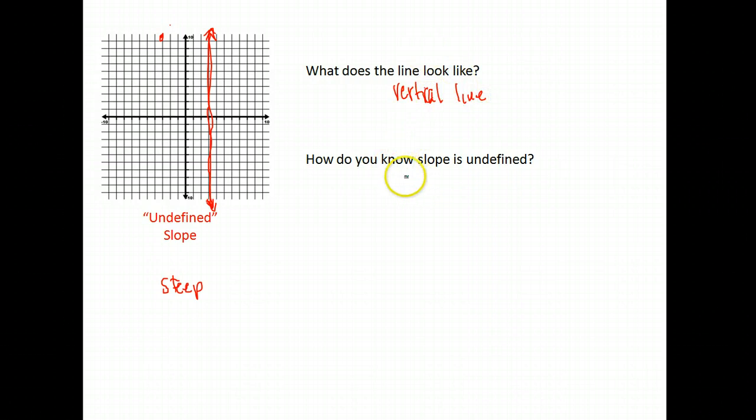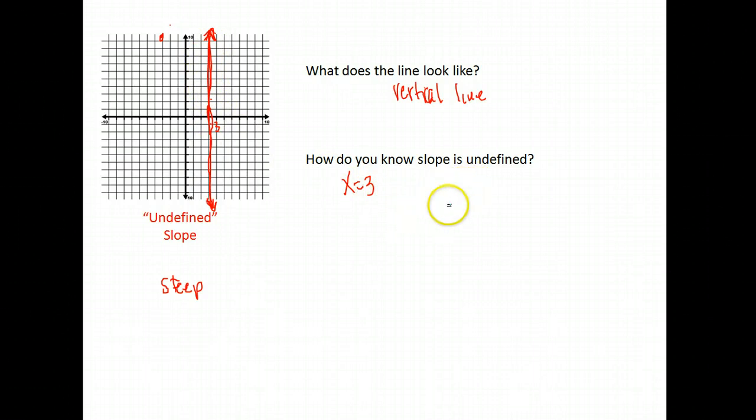Okay, how do you know if the slope is undefined? Well, notice for this line, it's every place where x is 3. So my x-coordinate of every point on this line is going to be 3. The y-coordinate is going to change. The equation for this line would be x equals 3, because again, every point on this line is 3 something.